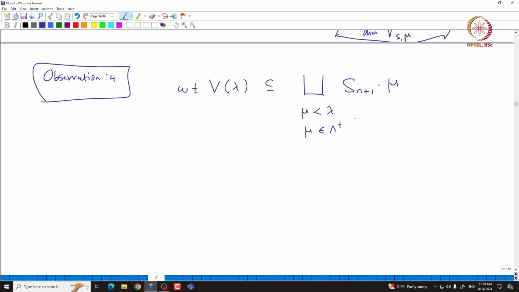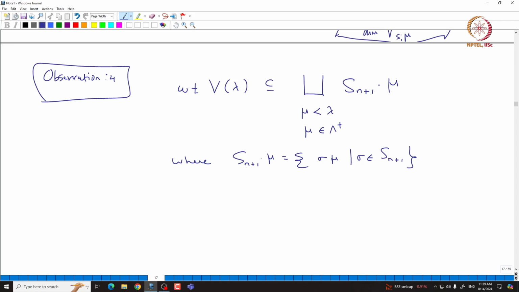So, if I take all possible orbits, what is S_{n+1} dot mu? This is sigma mu where sigma comes from S_{n+1}. I am taking all possible orbits of this mu, where mu is smaller than lambda with respect to the dominance order and mu is a dominant weight.